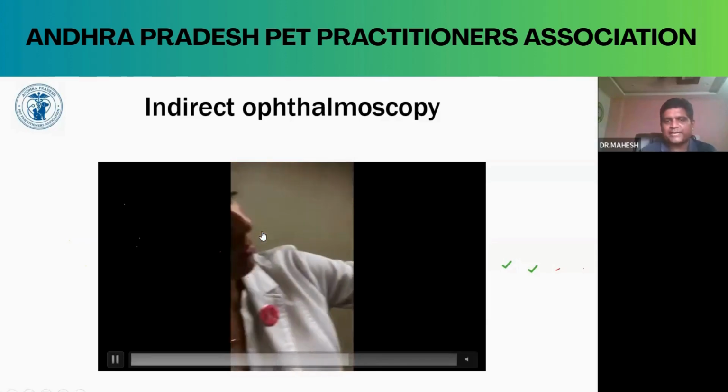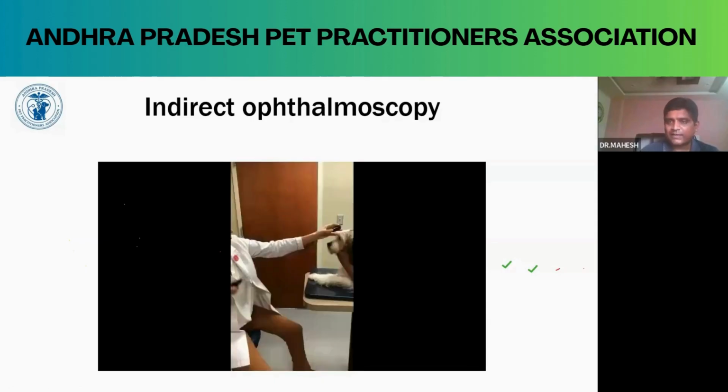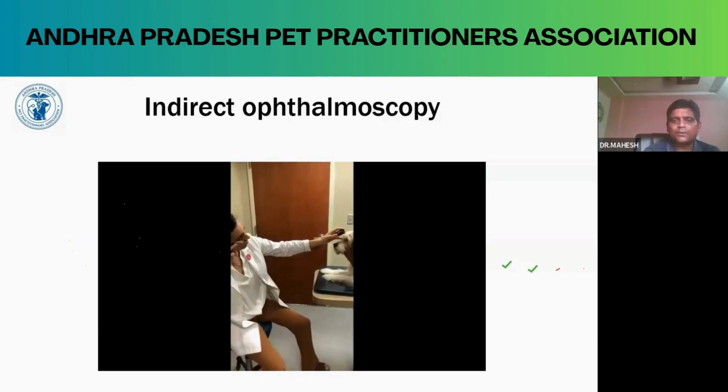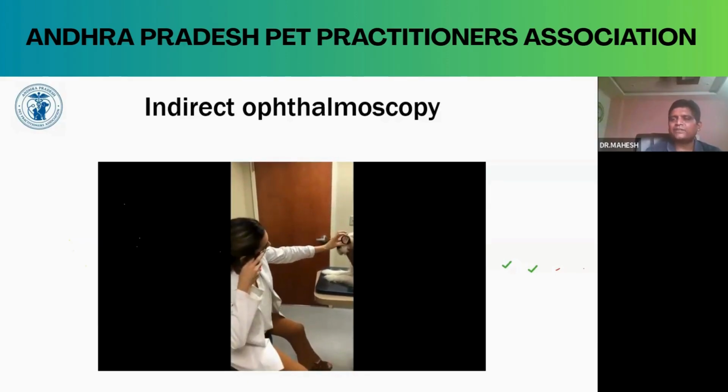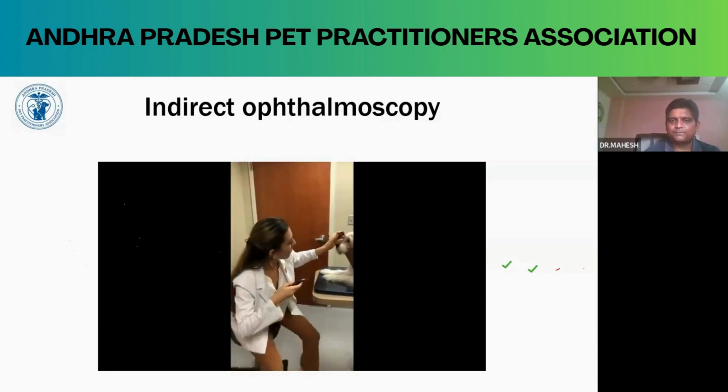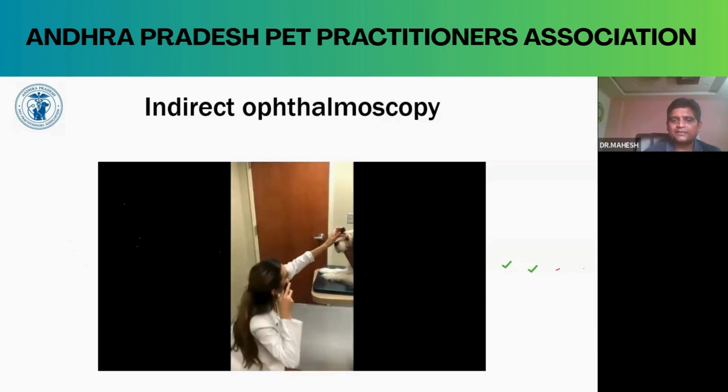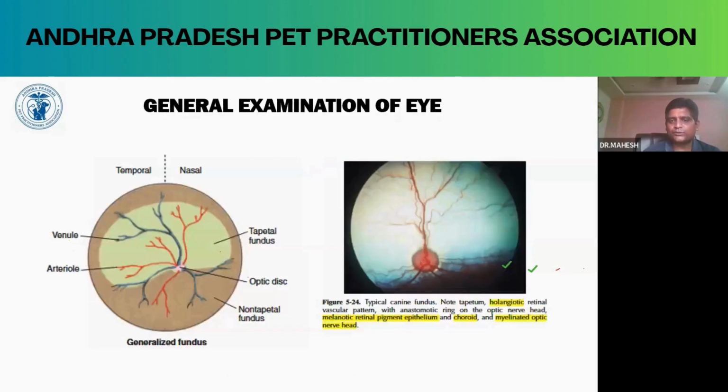Then you can appreciate the fundus. That is the positioning, how much distance we have to keep. It will also vary from person to person. After focusing on the light, you have to slowly introduce the 20 diopter convex lens.